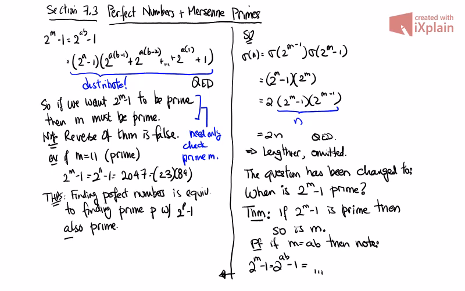This leads to two definitions. This is where the Mersenne primes come up.